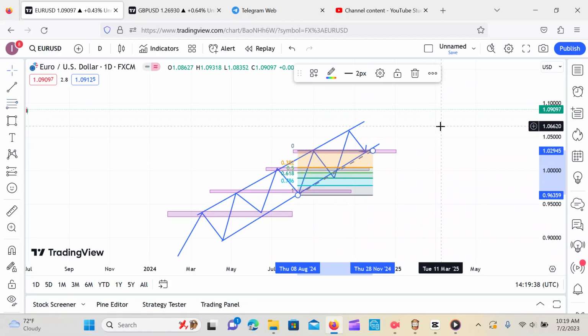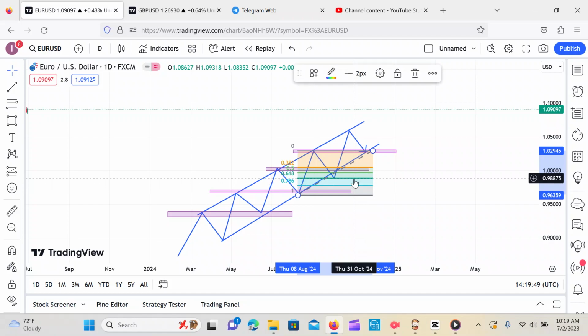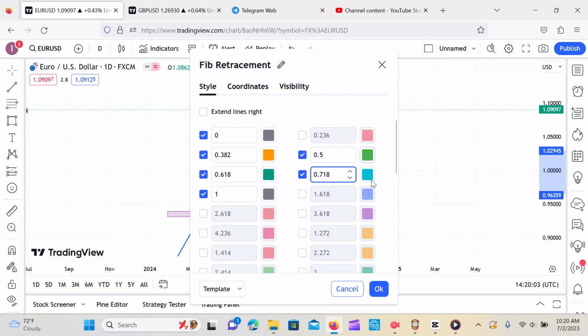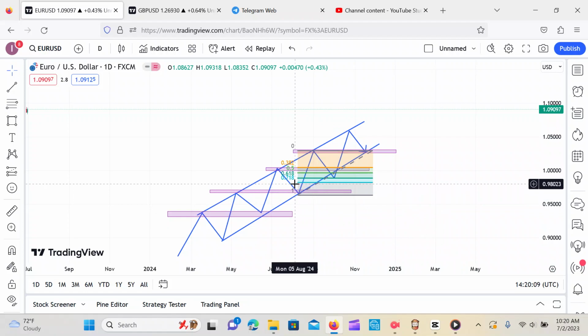Then you'll be waiting for price to come to either 50%, 61%, or 71%, or coming back to this support level again.